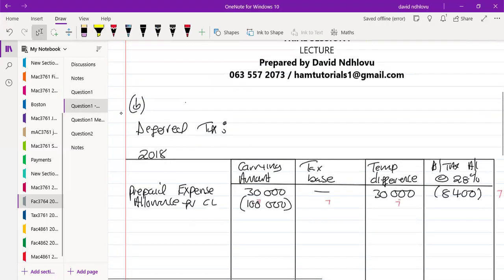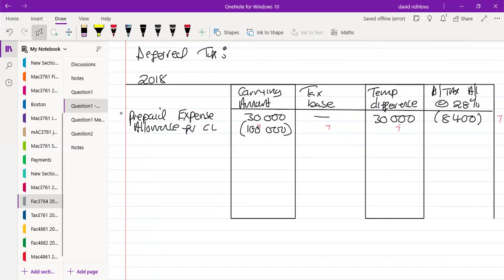So when we go to the allowance for credit losses, SARS is going to be recognizing only 25% of 100,000, which is what is recognized as the tax base by SARS, giving us a difference of 75,000. Now this here is in brackets. So 75,000 times 0.28, the deferred tax resulting from this particular line is 21,000.